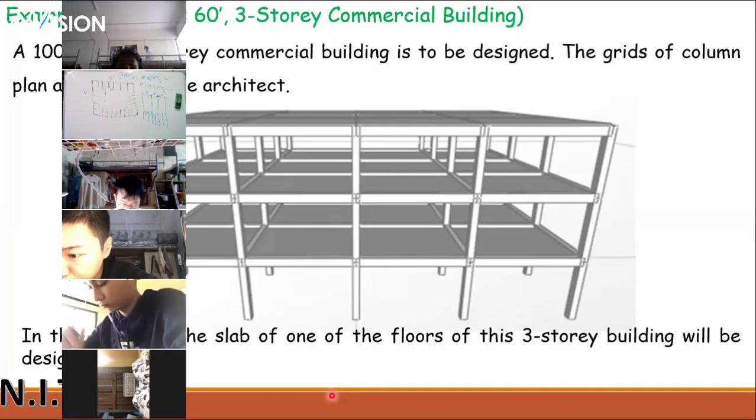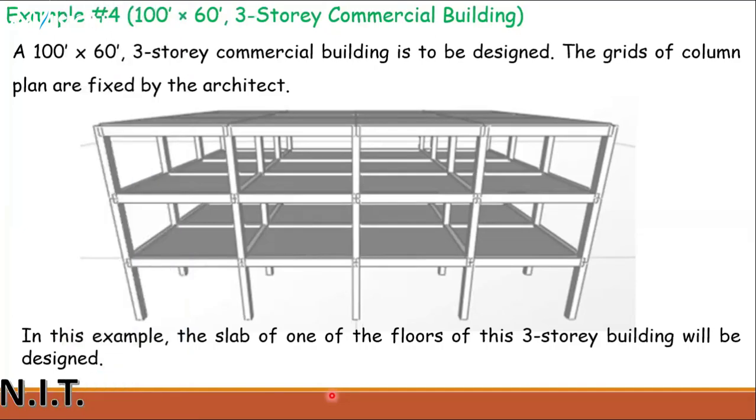Okay, let's try to solve the next numerical. Mr. Dragon, Mr. Bell, and the remaining class, please concentrate. This is the next numerical, example number 4. This is the plot of the structure which is given, a 3-story commercial building.